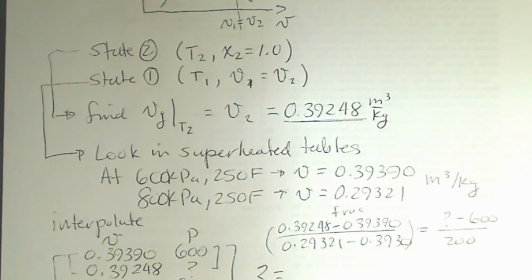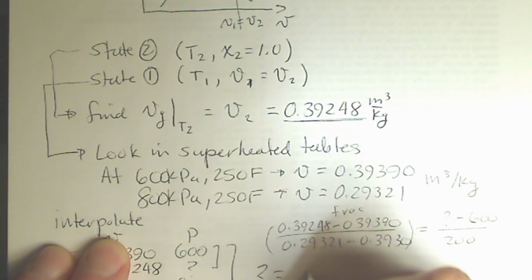Calculator says 0.39248 minus 0.39390, and I need to divide that by 0.29321 minus 0.39390. And so my fraction is 1.4%.